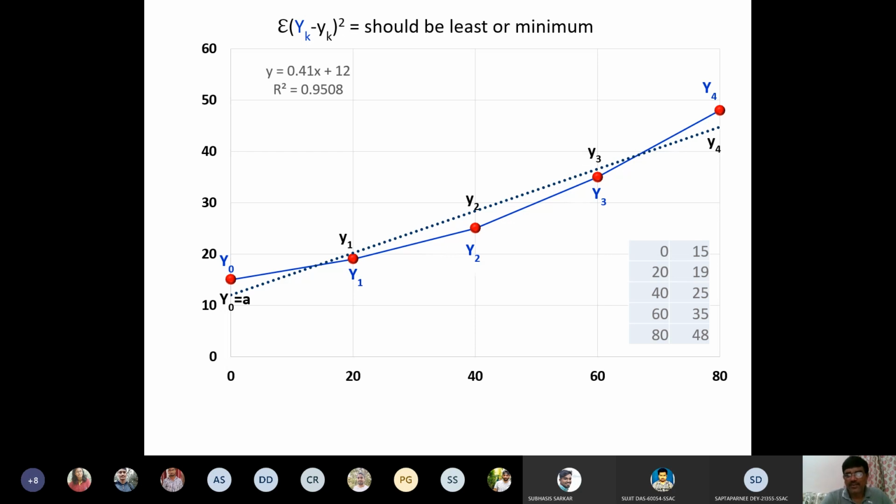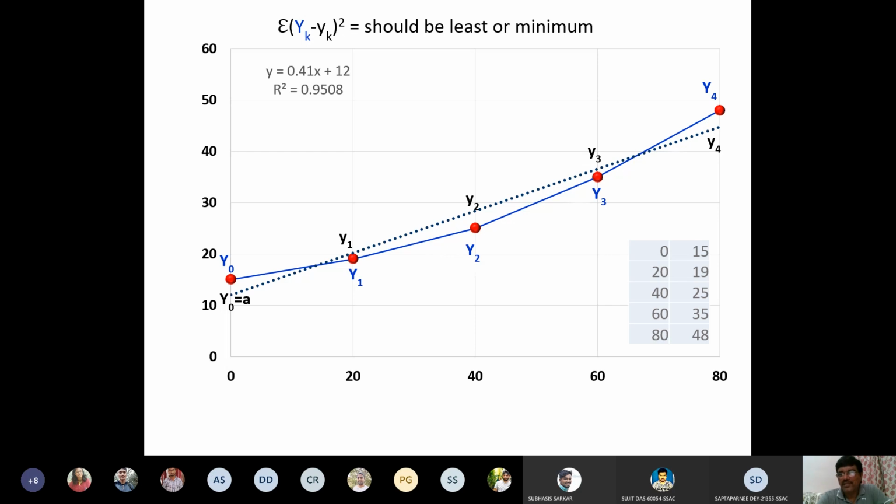For example, for control, for 0, you have capital Y0 in blue, which is observed, and a small y0 is your predicted data. Similarly for y1, the blue one is your observed data, and the black one, small y1, is your expected or predicted data.